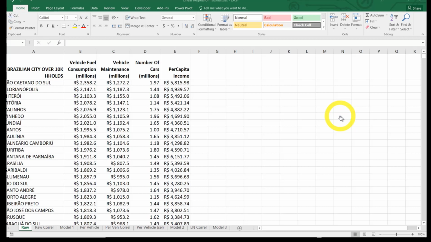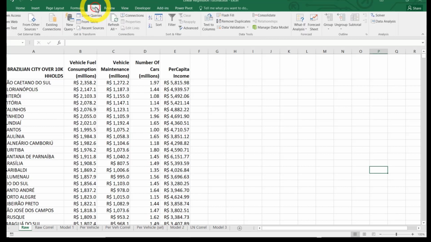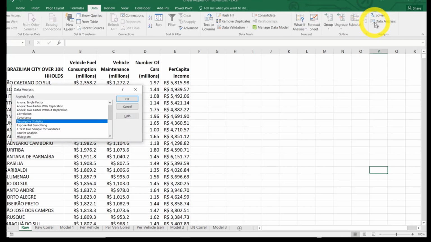And this correlation coefficient can be easily computed by going to Data Analysis, and Excel has a feature that calculates that, called Correlation. I went to Data Analysis, Correlation.